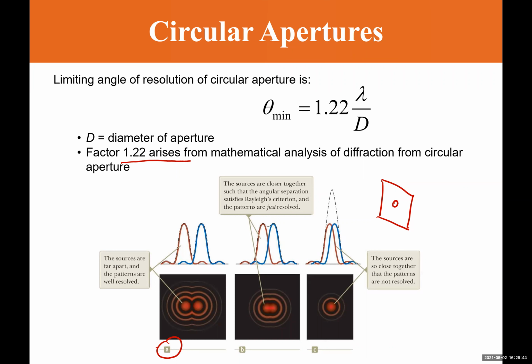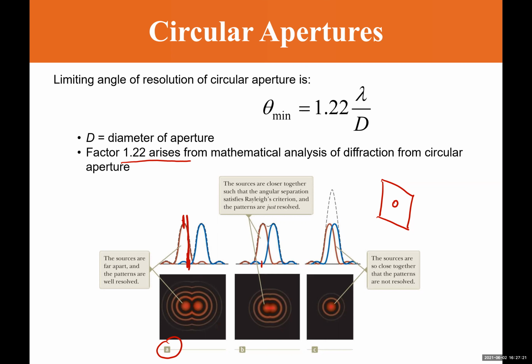And you can see that the requirement was that the maximum of the second pattern is further from the other pattern than the first minimum. That means what you have here is the first maximum of the second pattern, and it is basically a little bit to the left of the minimum of the first pattern, where blue is the first one, red is the second one.